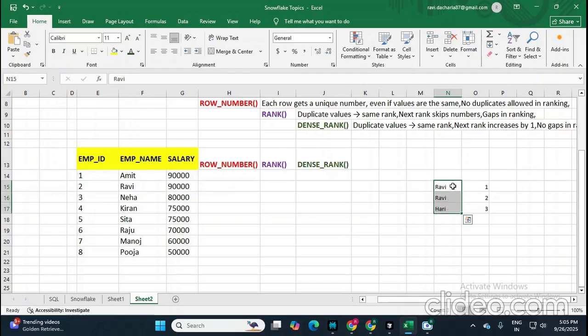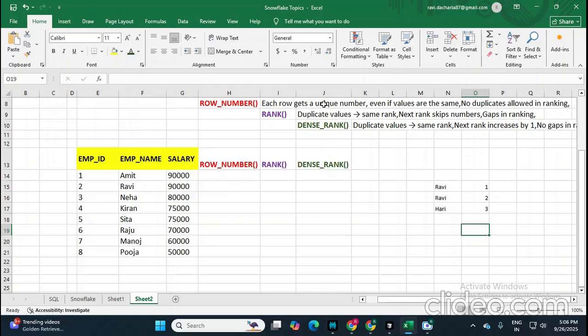So each row gets a unique number even if the values are the same. Here Ravi is the same, but while assigning the row number we assign 1 and 2. So no duplicates are allowed in the numbering. 1 is different, 2 is different, and Hari gets 3. Got it?